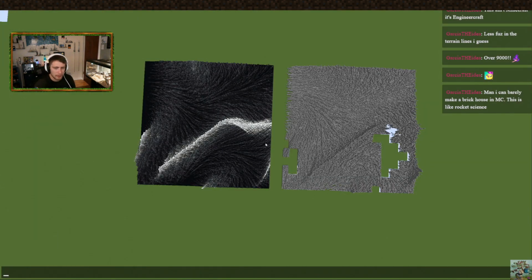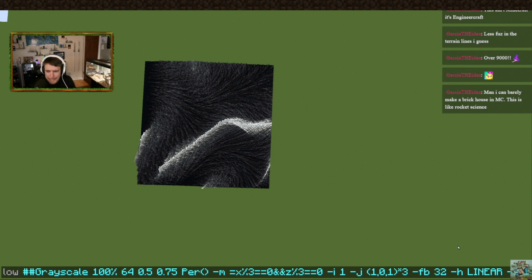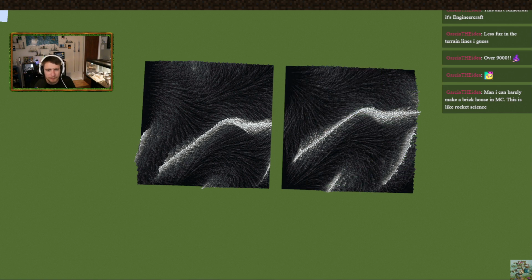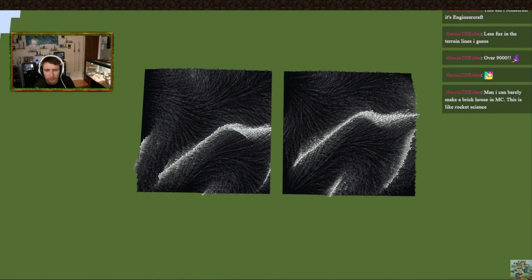Go ahead and undo that. Okay, you can kind of see on the right side there's a lot more gray popping up. Actually, I think that's just because the seed got botched.